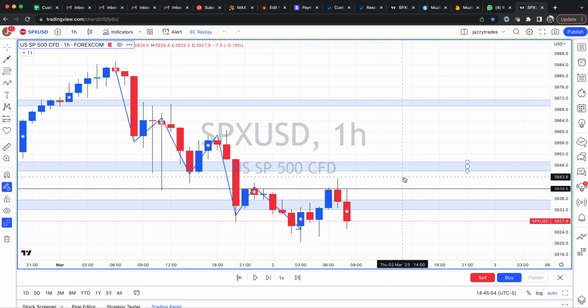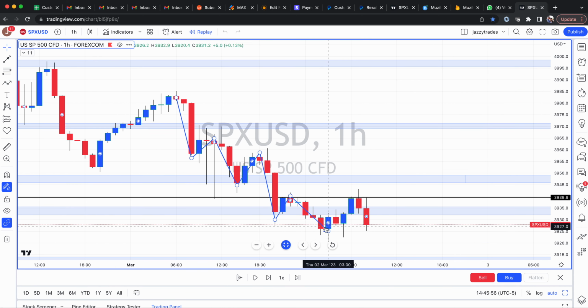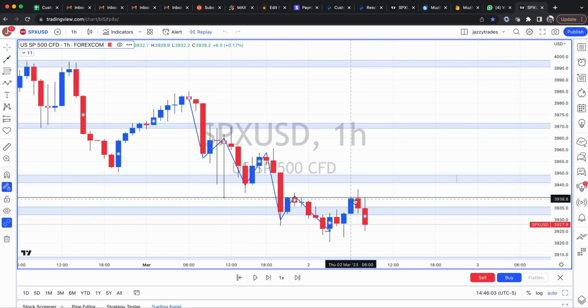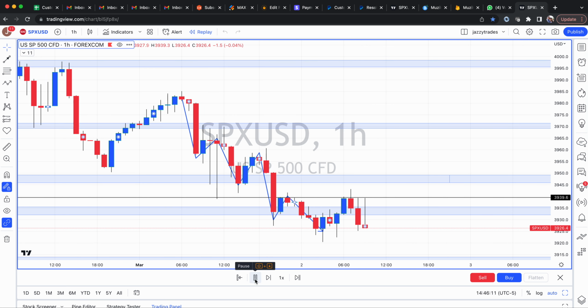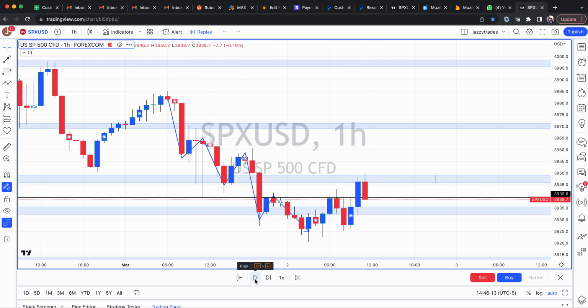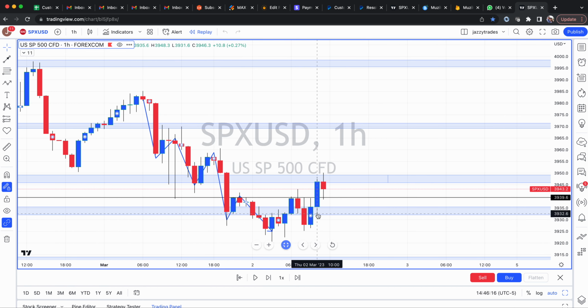Now, what's price doing? Price is testing the previous high of the structure, 39.39. People are taking profits here. The people who were short are taking profits, right? And then it gets rejected and comes back down. What happens after that? What happened on this candle?